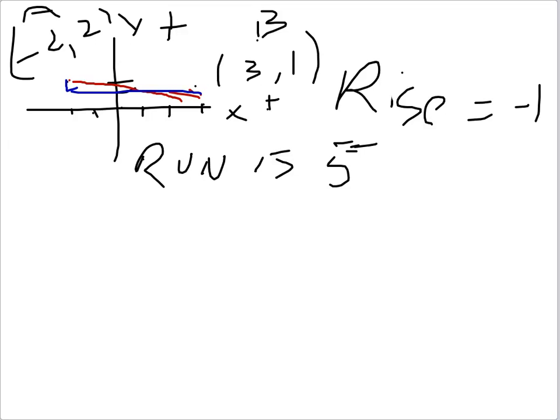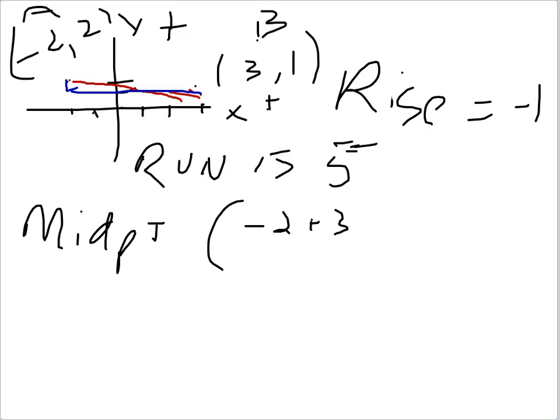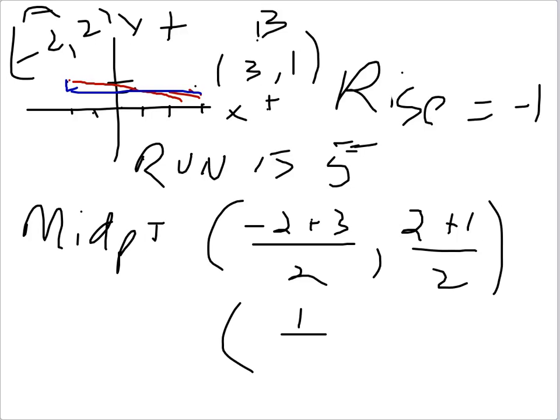So we would have minus 2 plus 3, and of course averaging two numbers, you would divide by 2, and the average of the y's, 2 plus 1 over 2. So we see that the midpoint is going to be 1/2 and 3/2. And that's sometimes interesting to know.